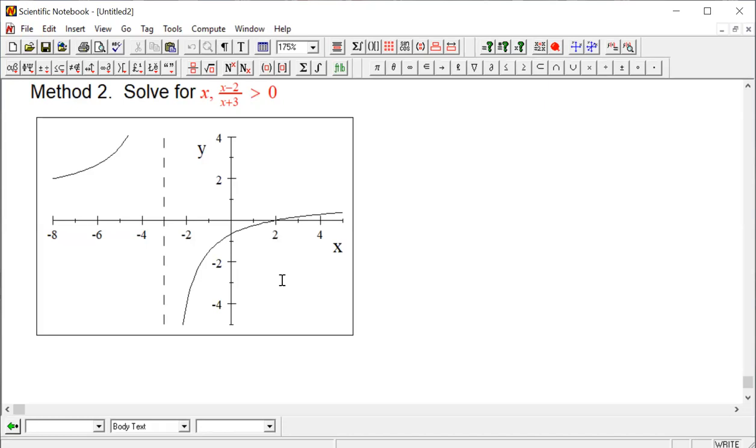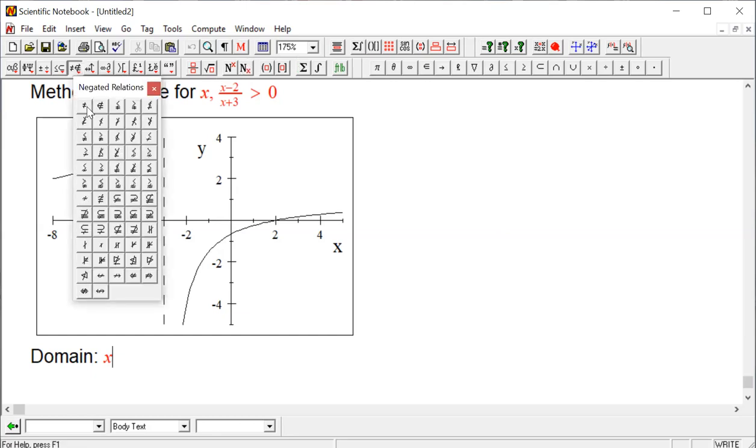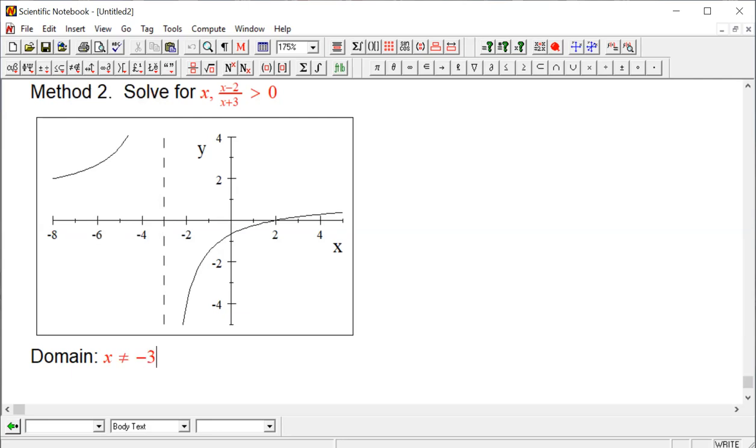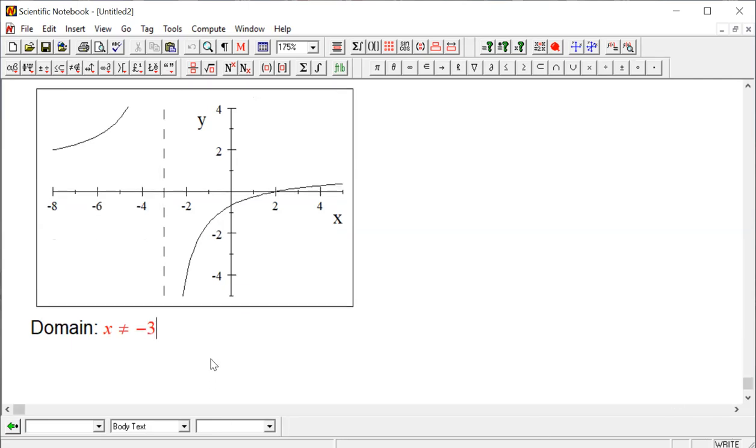Knowing the domain, that x cannot be equal to -3, you have to be really plodding along analytically. And you also want to identify, so everything's worked out in the domain.